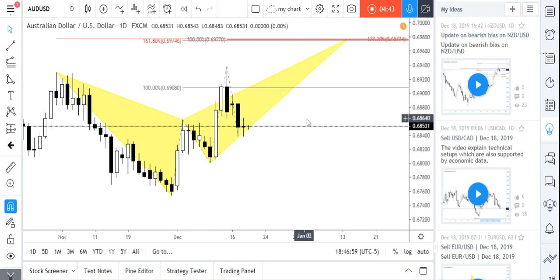Since I have already explained the sell trade in the New Zealand dollar, we can buy AUD versus the New Zealand dollar. There is no upcoming data from either New Zealand or Australia until 7:30 p.m. New York time on 7th January.